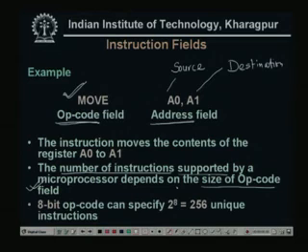Say I have an 8-bit opcode, meaning one 8-bit number. So by an 8-bit opcode we can specify 2 to the power 8, that means 256 unique instructions, as if every 8-bit pattern represents one unique operation. What does it mean?